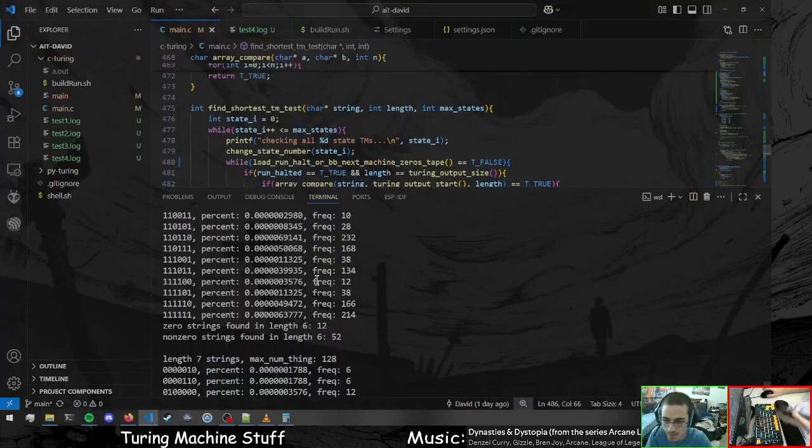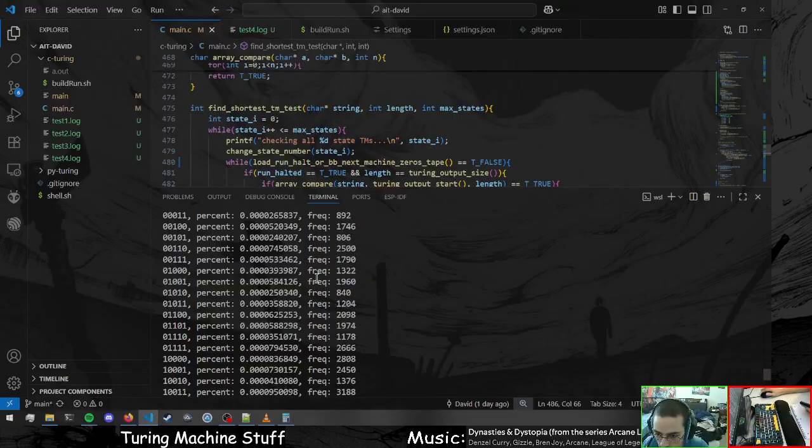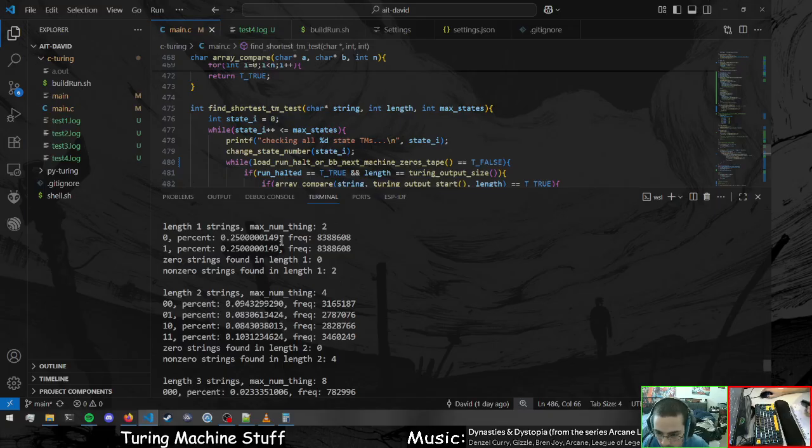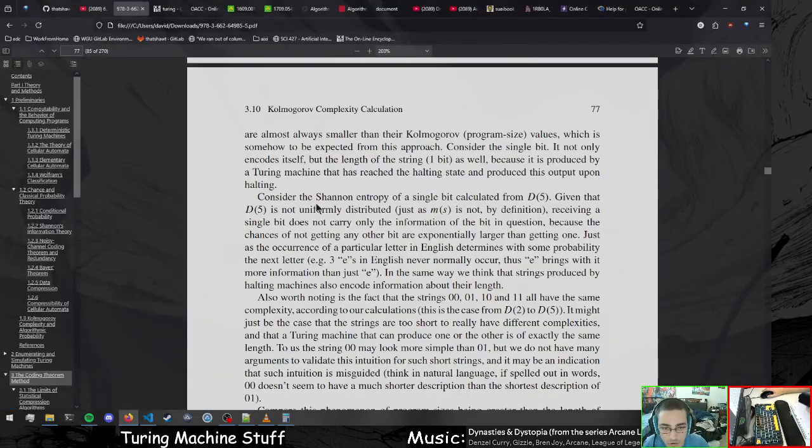So that's interesting. So the single bit is 0.25 in complexity, so it's 2, which is cool.